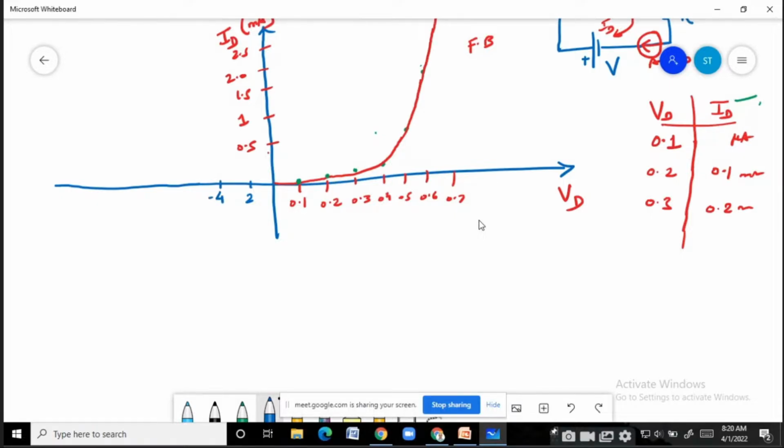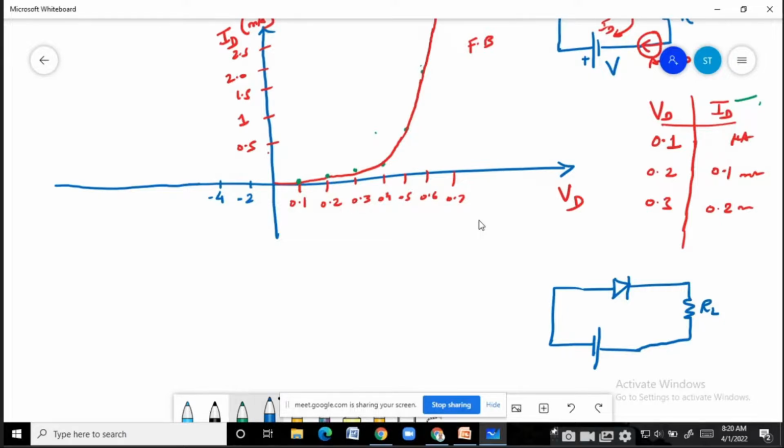If I put a sign also, because it's a negative voltage, because in reverse bias condition the circuit will look like this. The power supply's negative is connected to the anode of the diode.